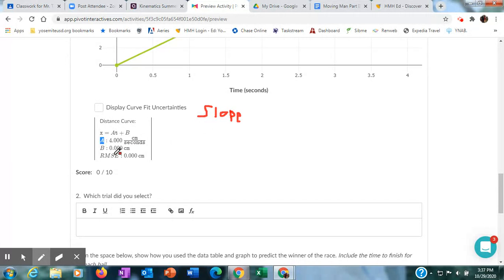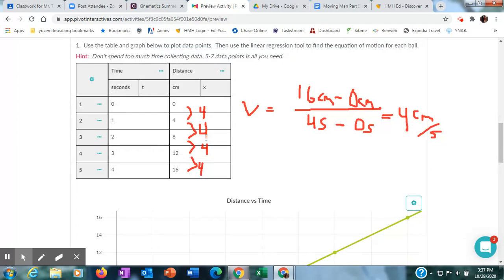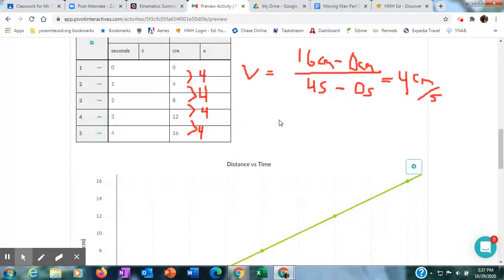And what is my slope? The number for my slope, I could see that it's 4 centimeters per second. The same thing as what I have calculated up here. So is this a coincidence? It's actually not.